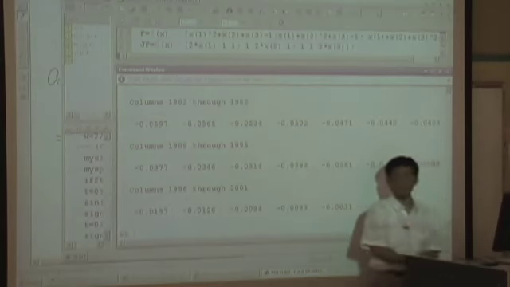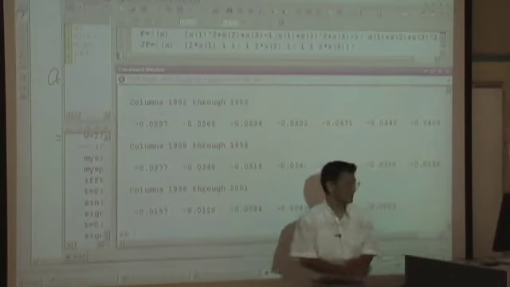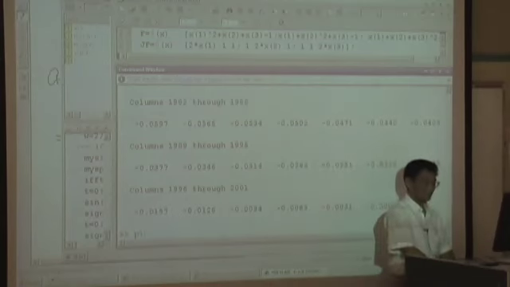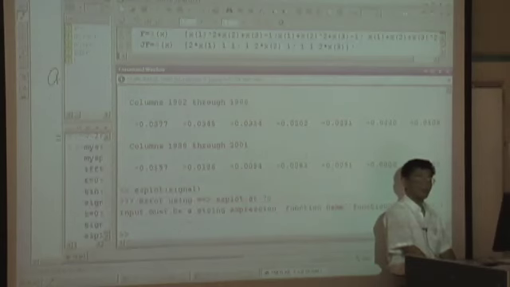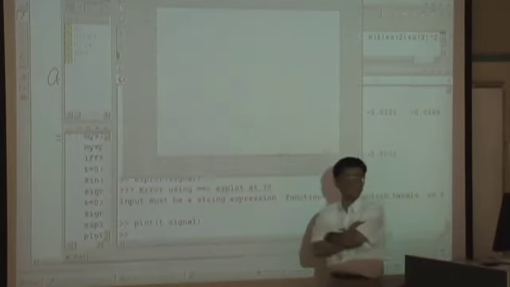My signal is this. So how do I plot this thing? Is this correct? Easy plot, and then what? Just signal? What is the command? Just plot, and so this is my plot.